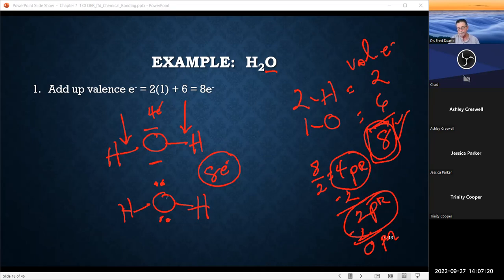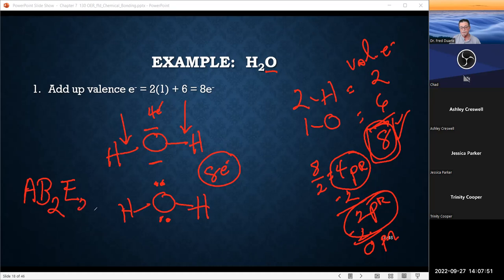That 4th pair could be either bonded pair or non-bonded pair. In this case, we have 2 that are bonded and 2 that are not bonded. So with respect to the general formula, it is A, which is the oxygen, B subscript 2, because there's 2 hydrogens bonded to the central atom. And in this case, we use the letter E, because remember the E represents a number of lone pair on the central atom.